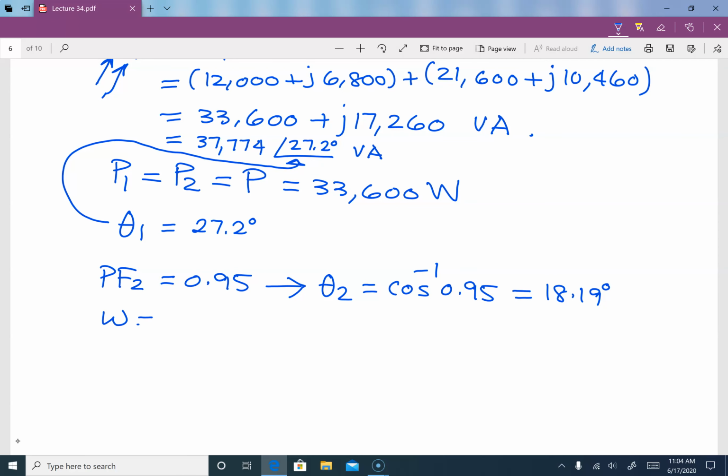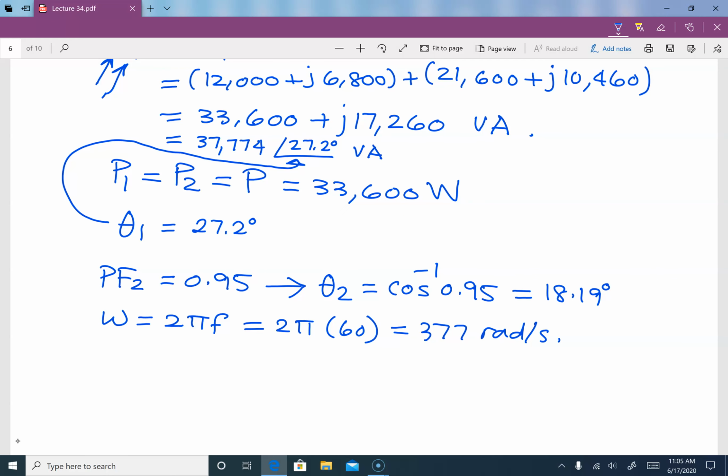So our omega is equal to 2 pi f, and that is 2 pi times 60, which is equal to 377 radians per second. In any problem in AC, if the frequency is not given, then you have to assume that frequency to be the operating frequency in United States, and that is 60 Hertz.